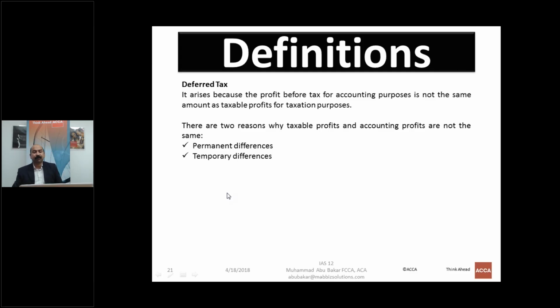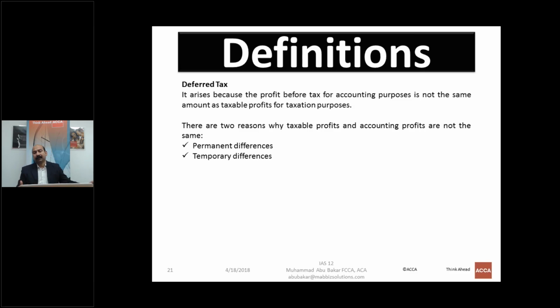Then deferred tax arises because profit before tax for accounting purposes is not the same amount as taxable profit for taxation purposes. Now there could be two types of differences: permanent differences and temporary differences. So far we were talking about temporary differences. As the name suggests, these are temporary and will be reversed at some time in the future.